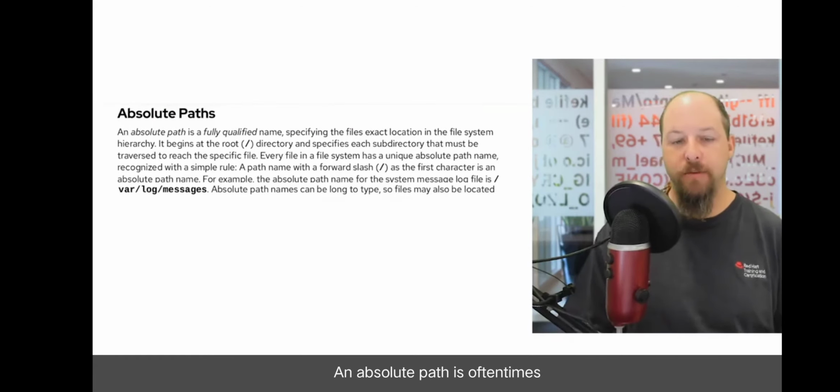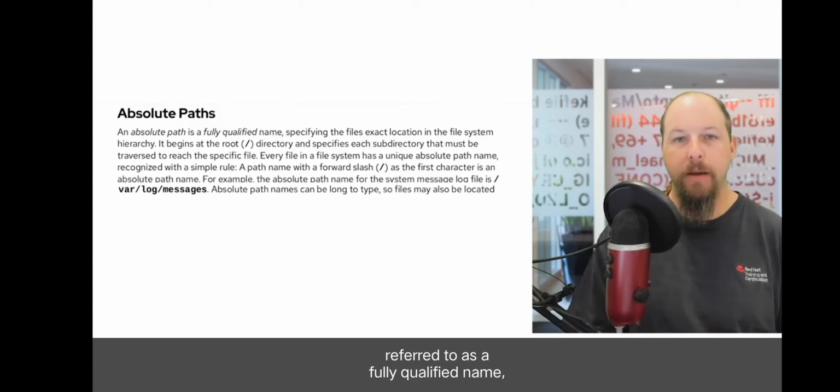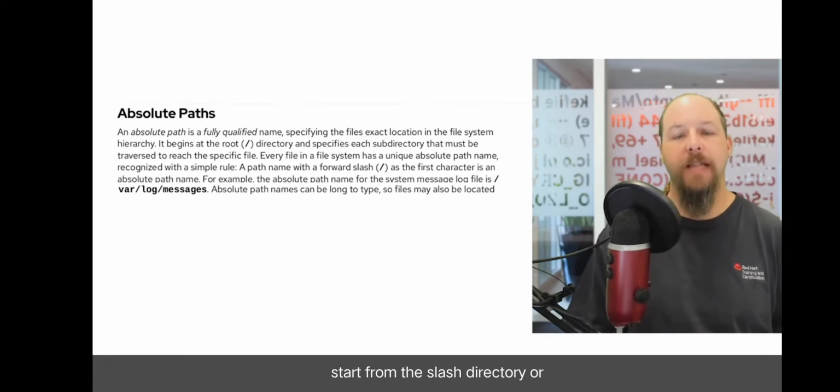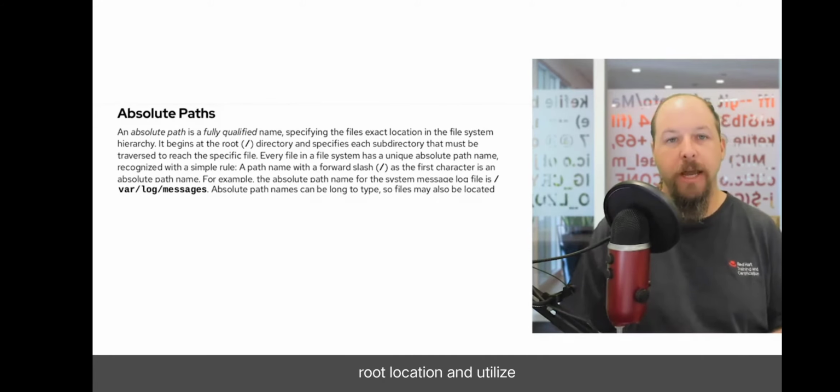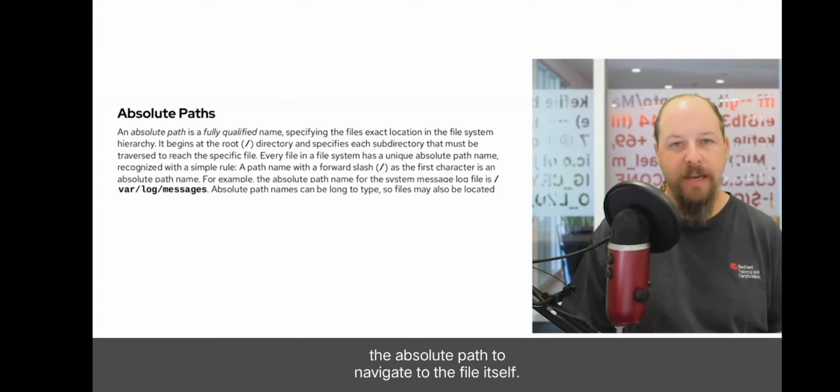An absolute path is oftentimes referred to as a fully qualified name, meaning that you can always start from the slash directory or root location and utilize the absolute path to navigate to the file itself.